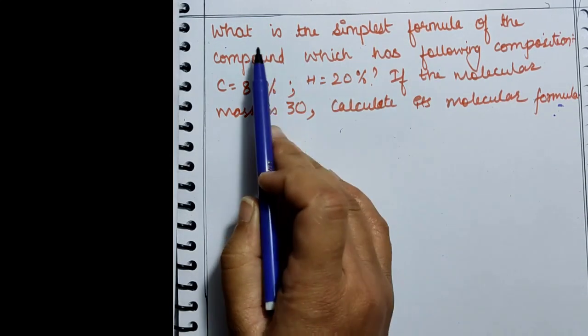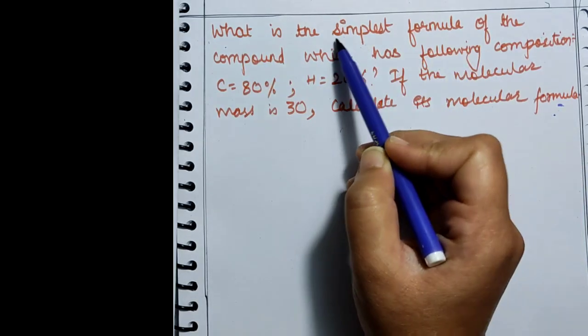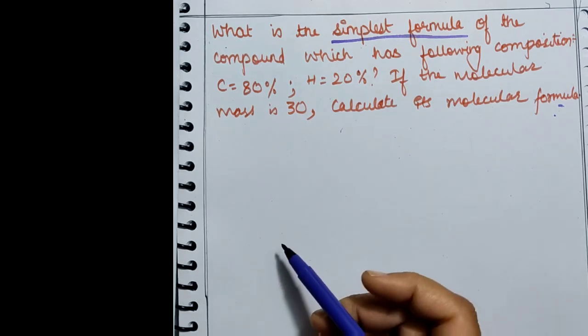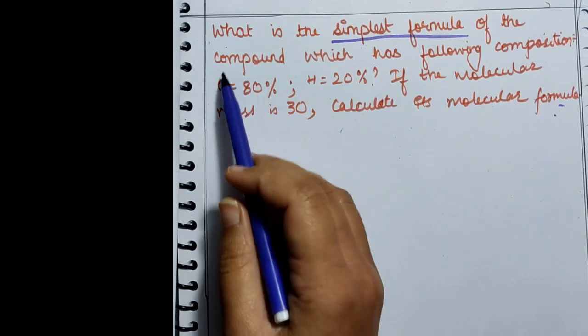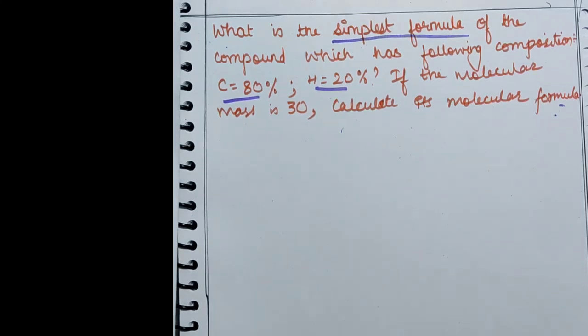Okay. Now, in the first part of the question, we have to calculate the simplest formula. Simplest formula is empirical formula. So, the compound composition is 80% and 20%. I have explained how to calculate empirical formula in part 1 of the video.